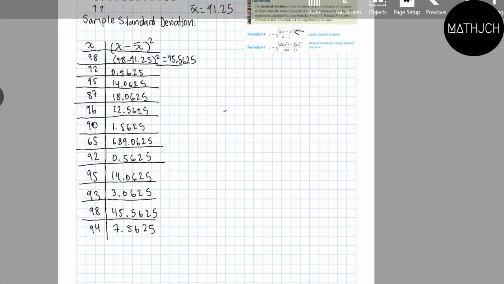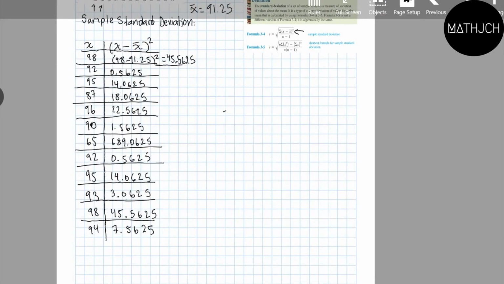If we find the sum of all of these, that's exactly this notation: the sum of each number minus the mean, and then power 2. That's what we did for every single one of the numbers. Now we need to find the sum of all of them. So let's do that.